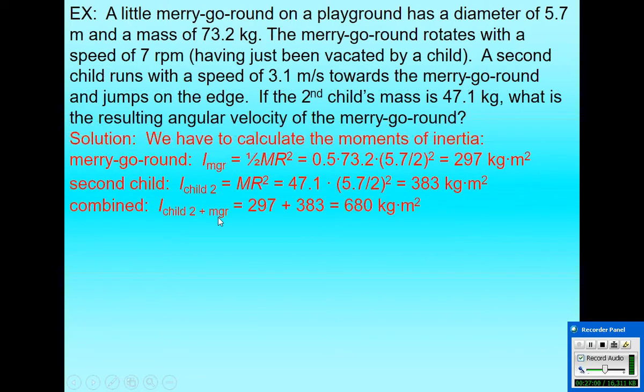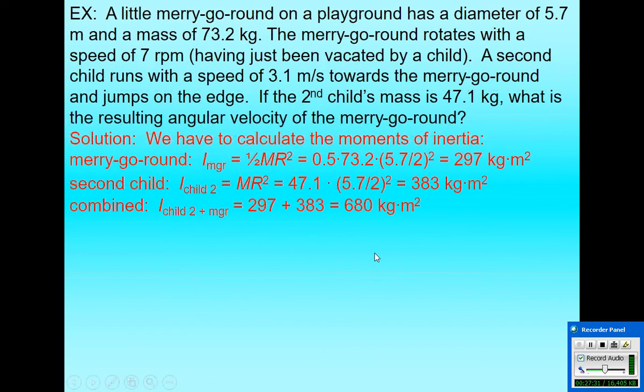The total moment of inertia of the system after the child has made contact with the merry-go-round is the sum of the two separate moments of inertia. So that 297 plus 383 is 680 kilograms times meters squared. Now, I'll tell you this.